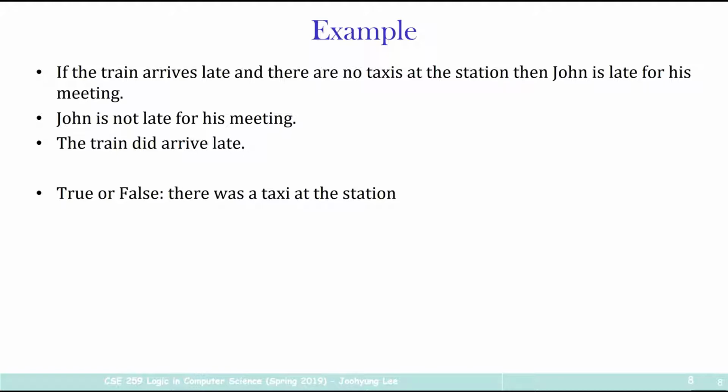There was a taxi at the station, true or false? Okay, are you done?